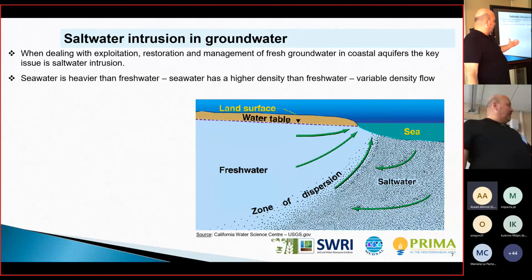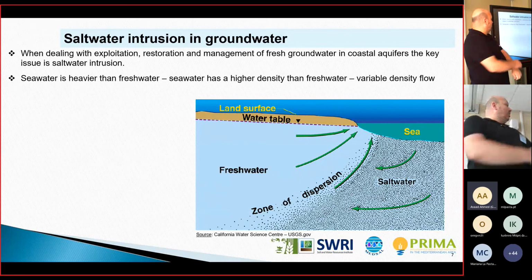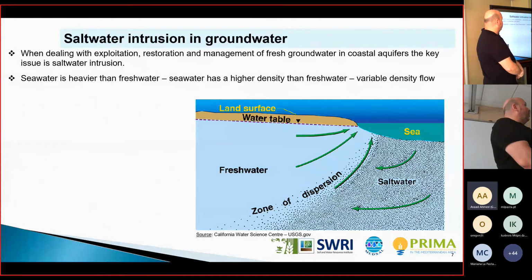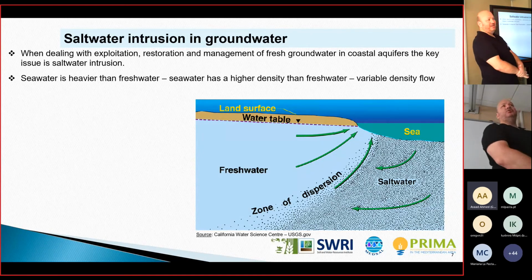In this coastal aquifer, since the seawater is heavier, near this mixing zone it will be downwards and fresh water will be upwards, as we can see here. Another important thing is that seawater has a different, higher density than fresh water.